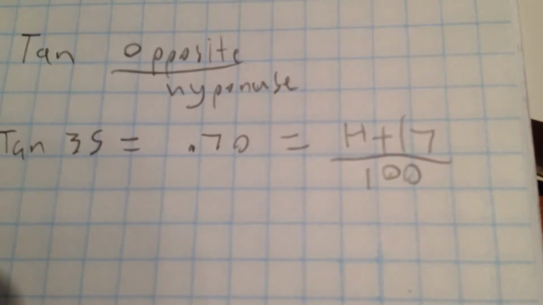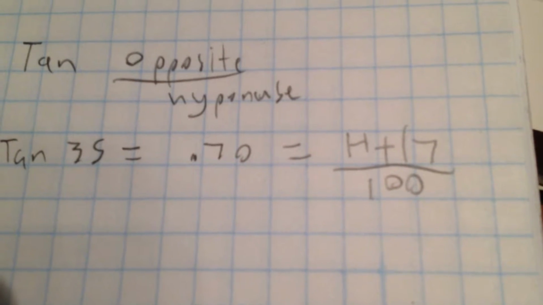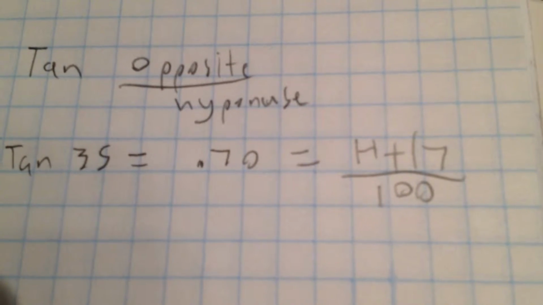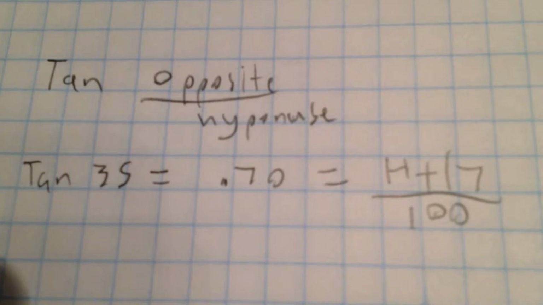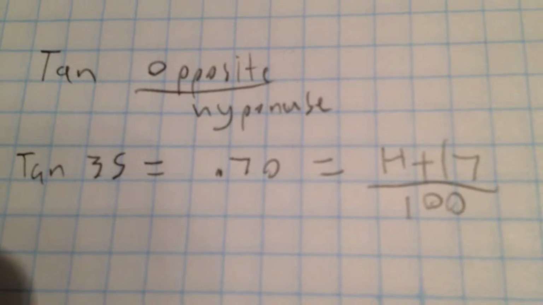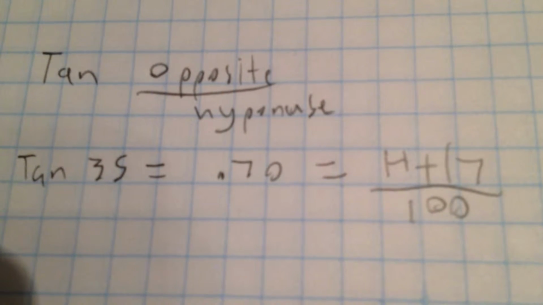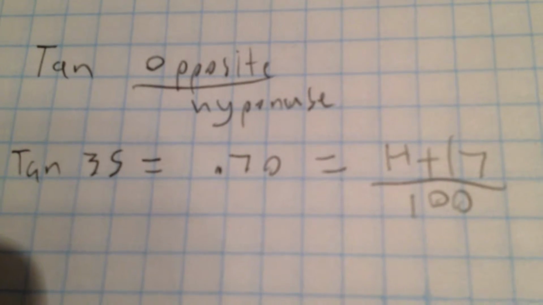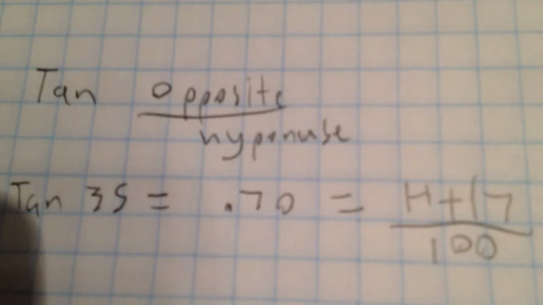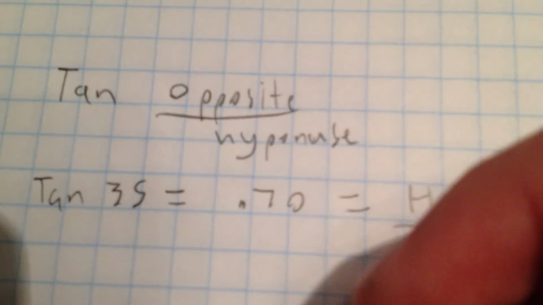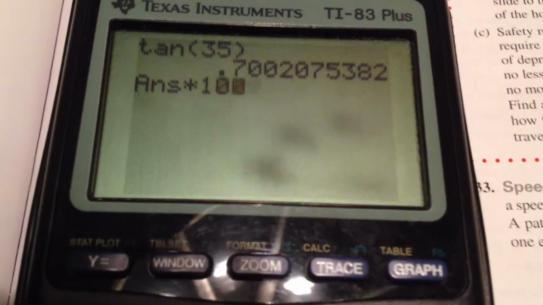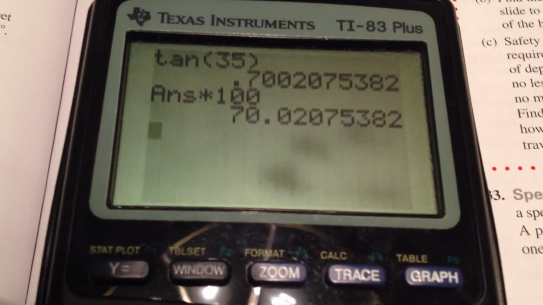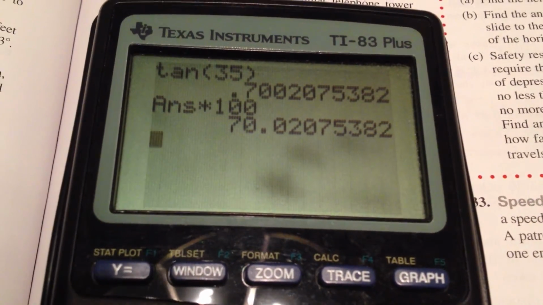Another good way to work this out is to simply multiply 0.7 by 100. Let's do it on the calculator, it'll be more accurate. That times 100 is going to equal 70.02.